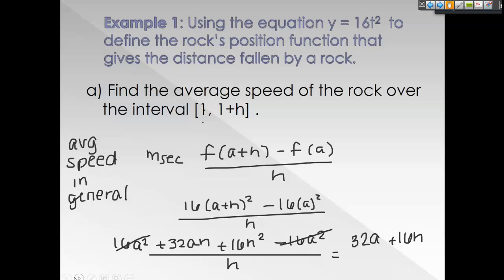Okay, so here we did the average speed at 1 to some unknown distance h away. So what you could do is say average speed from 1 to 3.